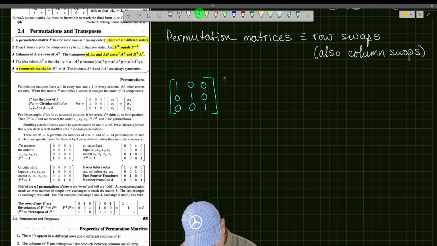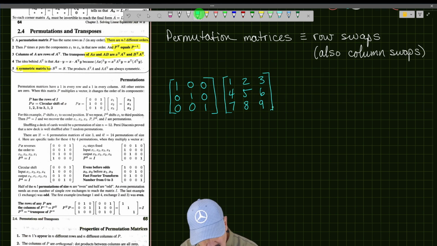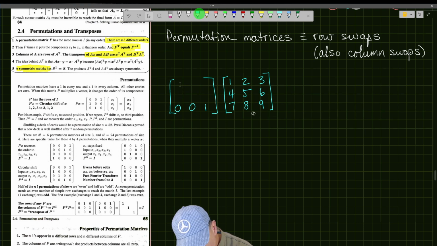And what we're going to do is take the product, and we'll just pick our standard matrix that looks like this. And what I want to do is swap the first and second rows. So I'm going to swap the first and second rows of the identity matrix. I'm going to put the second row there and the first row here.